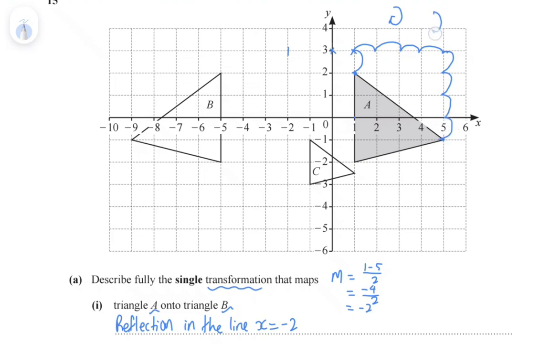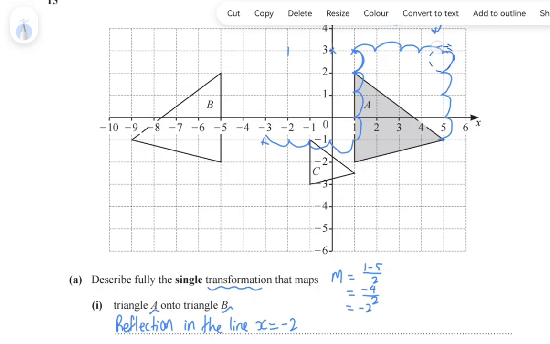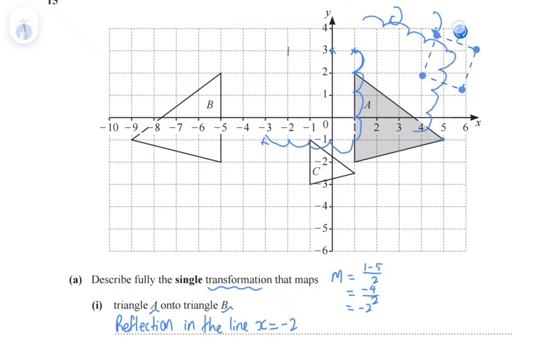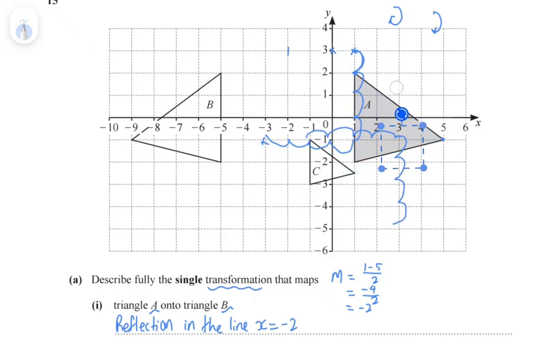Then rotating it once again this way, so we go 1, 2, 3, 4, and 1, 2, 3, 4, making this the second point. As you can see, we will take this point here and rotate it 90 degrees, still keeping it at the same point. Alright, so that is how we are moving these points.